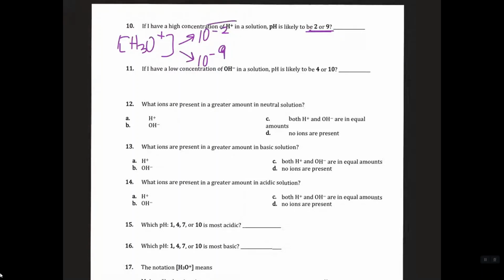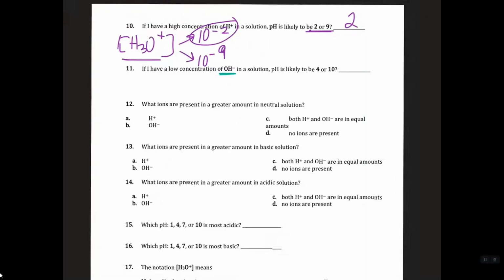That would be 10 to the negative 2, because again, in negative numbers, 10 to the negative 2 is greater than 10 to the negative 9. So if I have high concentration of hydrogen ions, that means I'm going to have high concentration of hydronium ions, which out of those two is going to be 10 to the negative 2, and the pH at this concentration equals 2.